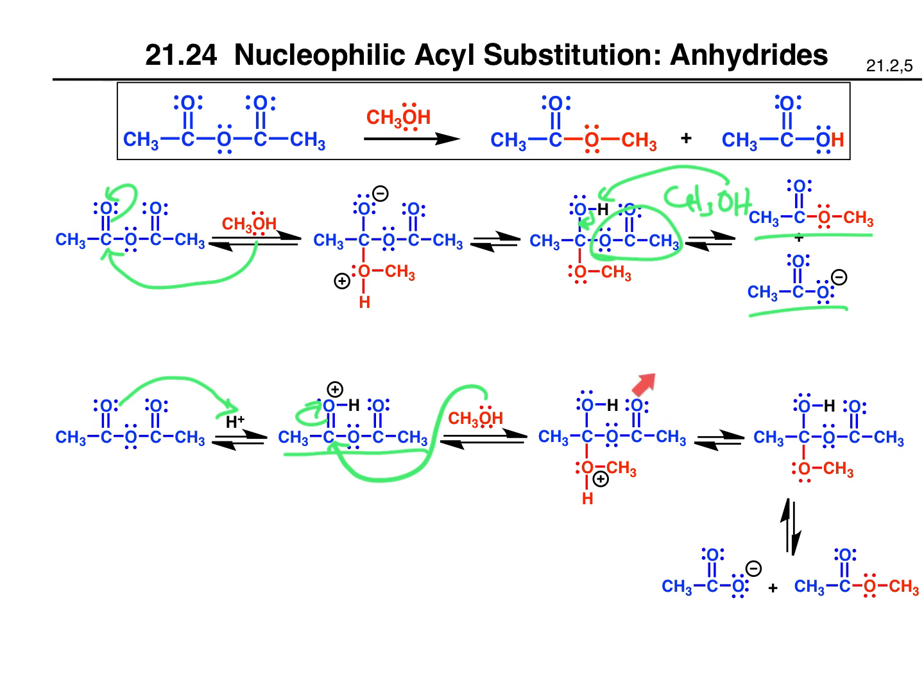Now we have this intermediate where we have a positive charge and no charge, so not that positive-negative thing. Still, alcohol can grab off a proton and we get this tetrahedral intermediate, and then the tetrahedral intermediate can break down into the ester and the carboxylate.